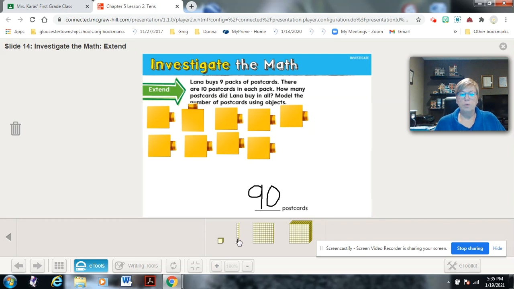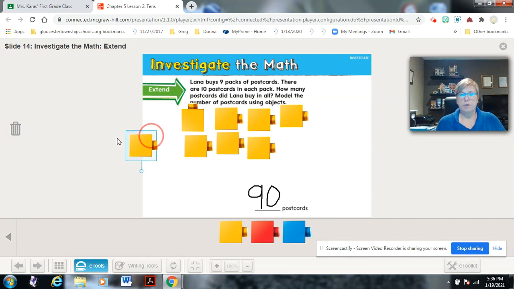Now, if you were to take your rod, which I have one here to show you, and look very carefully at yours, you'll notice that there's little notches on it. And what that means is each one is supposed to be a little cube. Now, when you count them, you will find that there's 10 on here. So this would be a group of 10. So I'm going to now, okay, let's put this over here.